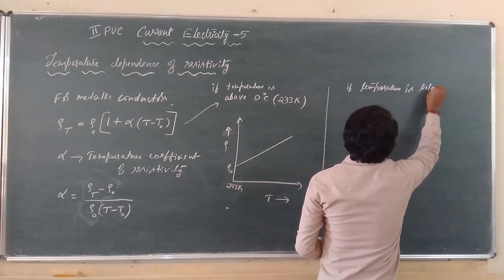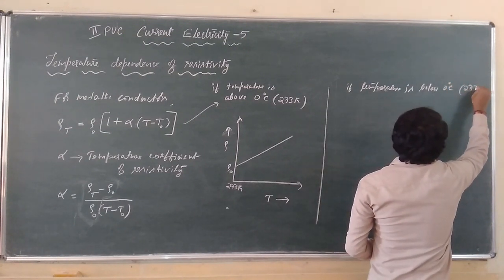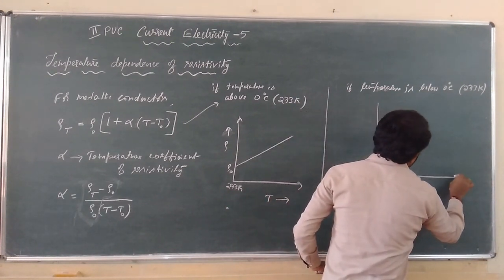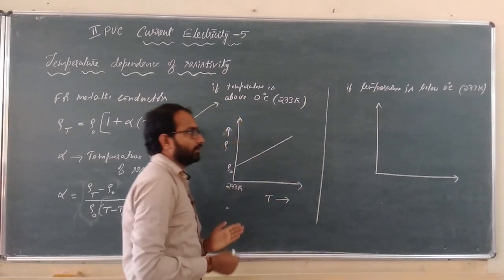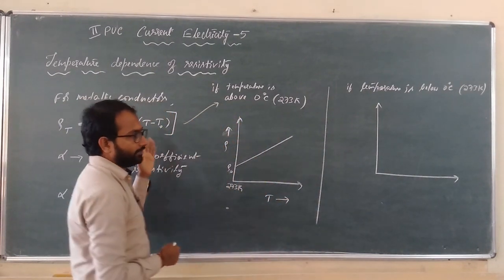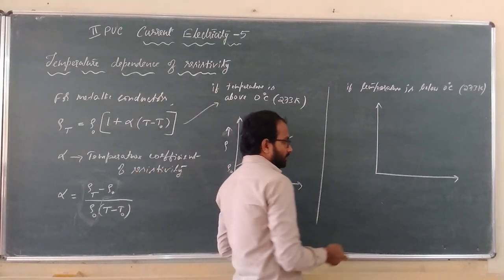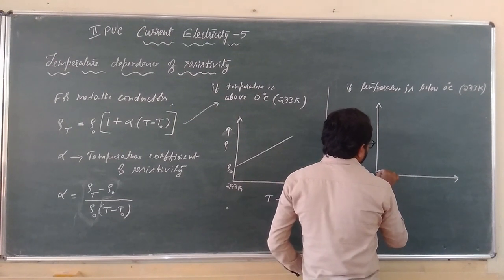If the temperature is less than 0 degrees Celsius or 273 Kelvin, resistivity will not remain proportional to temperature. If you decrease the temperature below 0 degrees Celsius, the resistivity of the material of the conductor does not remain proportional to the temperature. So it will be like this.